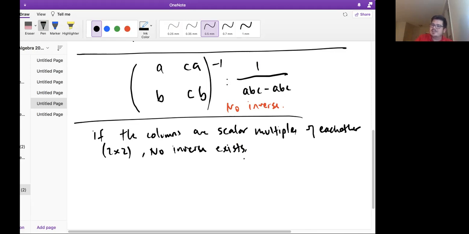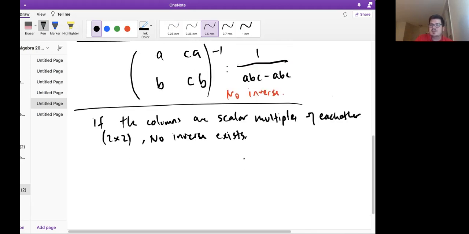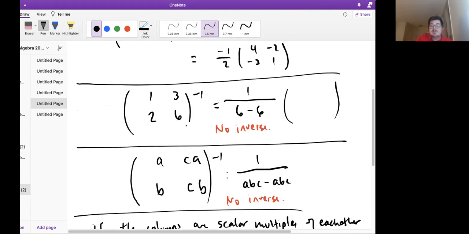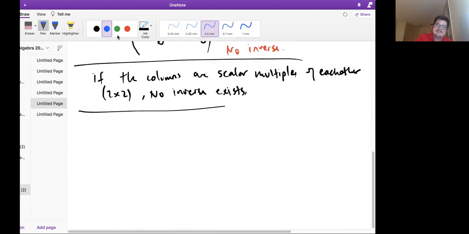That's pretty nice. So you can kind of just look at it. For example, this one. All right, 3, 6 is a multiple of 1, 2. It's times 3. Now you get 3, 6.